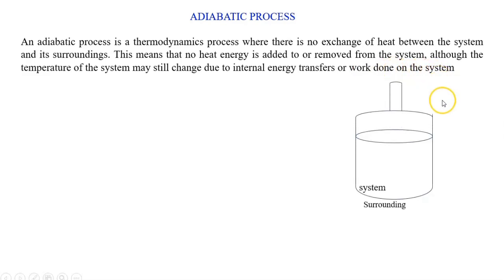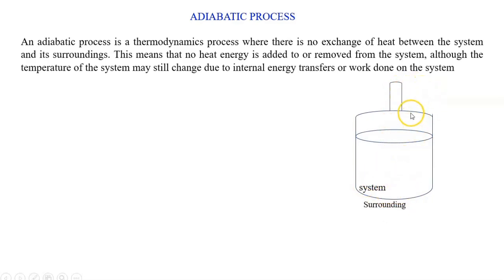This is an illustration of the work done on a system. You have the system and you have the surroundings. So there is going to be what we call expansion and compression on the system.